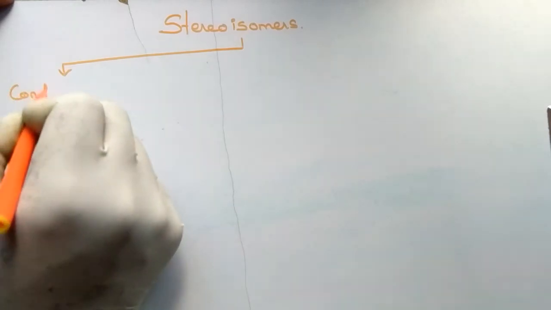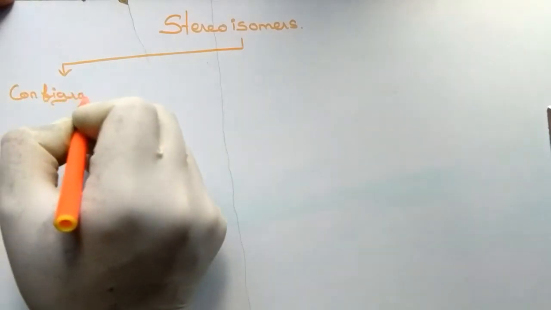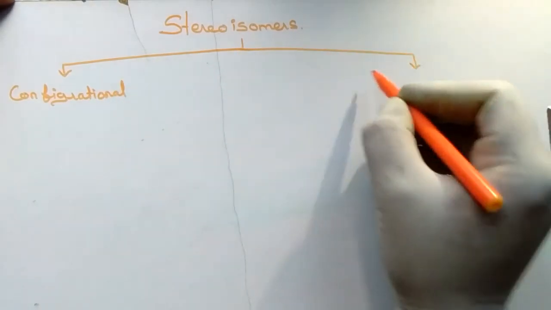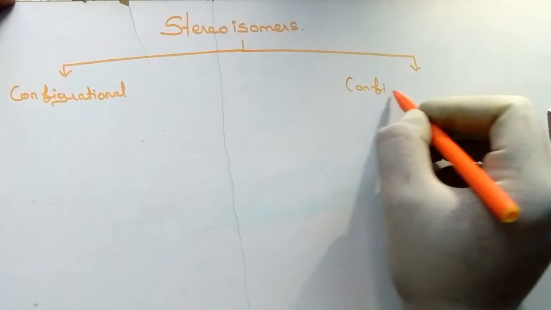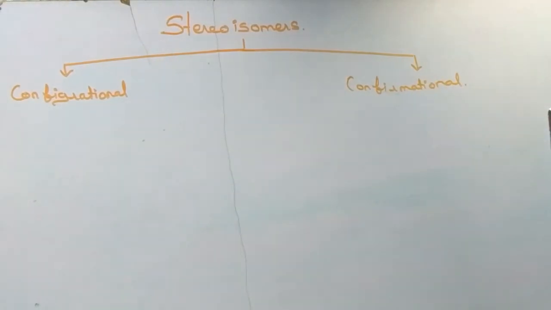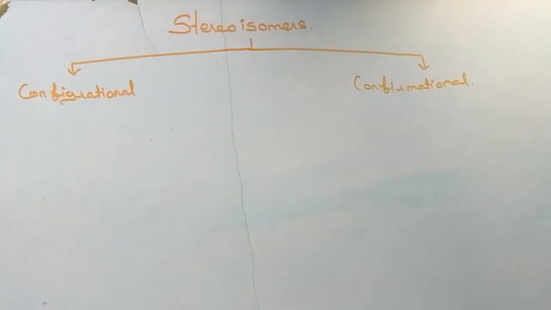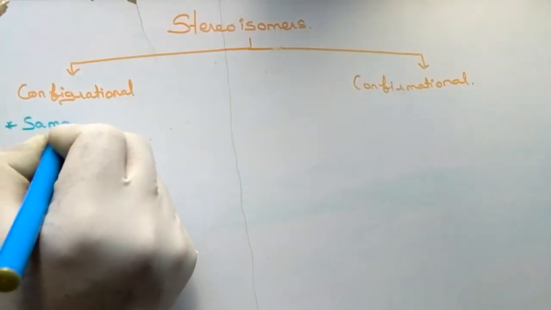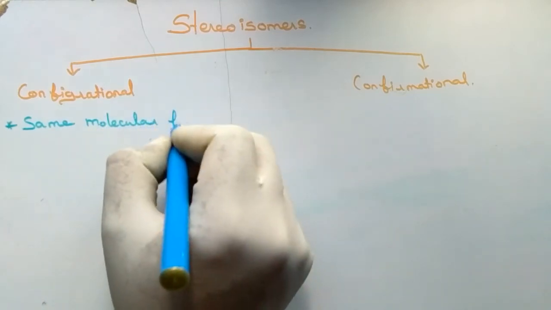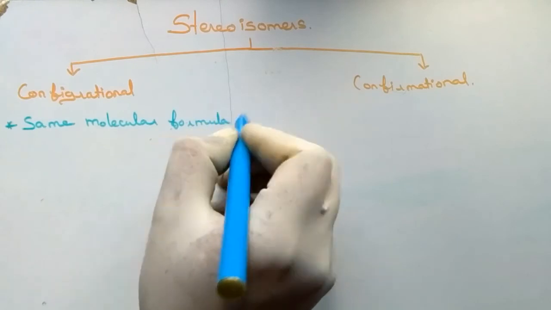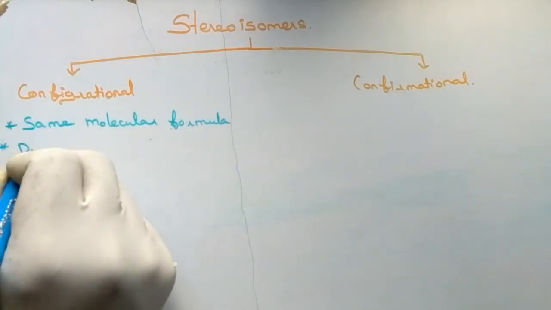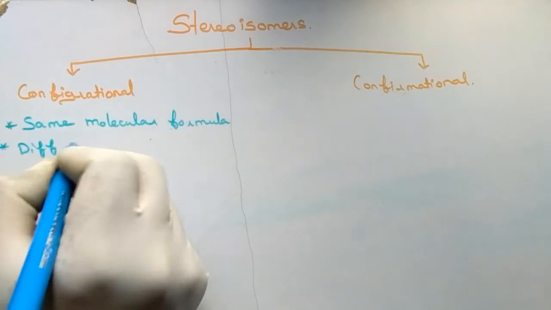Next, there are two types of stereoisomers. They are configurational isomers and conformational isomers. First, we are going to see about configurational isomers. Configurational isomers are compounds that have the same molecular formula but different bonding patterns.